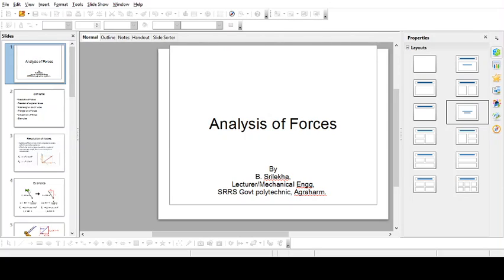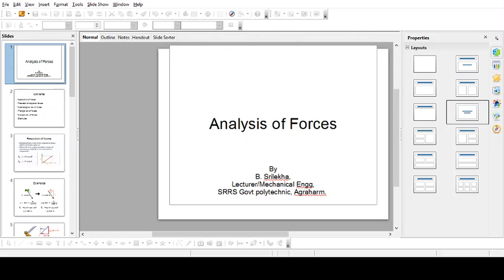In this we also derived the resultant R equal to square root of P square plus Q square plus 2PQ cos theta, and the angle made by the resultant with the horizontal, alpha, is equal to tan inverse of Q sin alpha by P plus Q cos alpha.